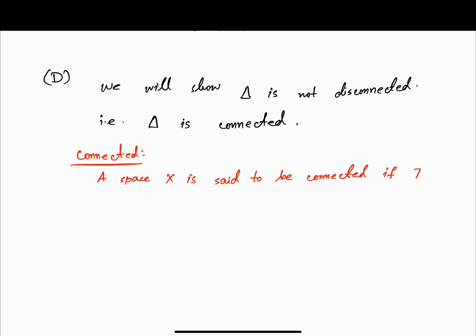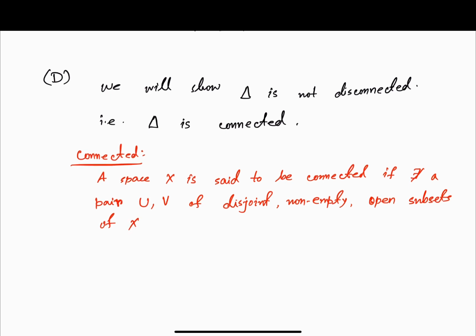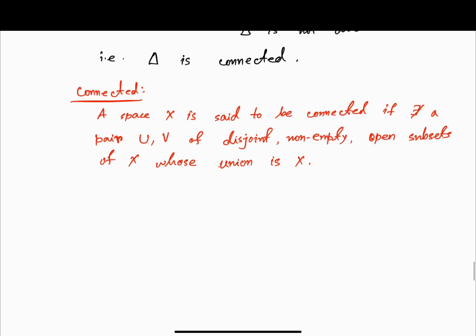if there does not exist a pair U, V of disjoint non-empty open subsets of X whose union is X. So this is the definition of connected.